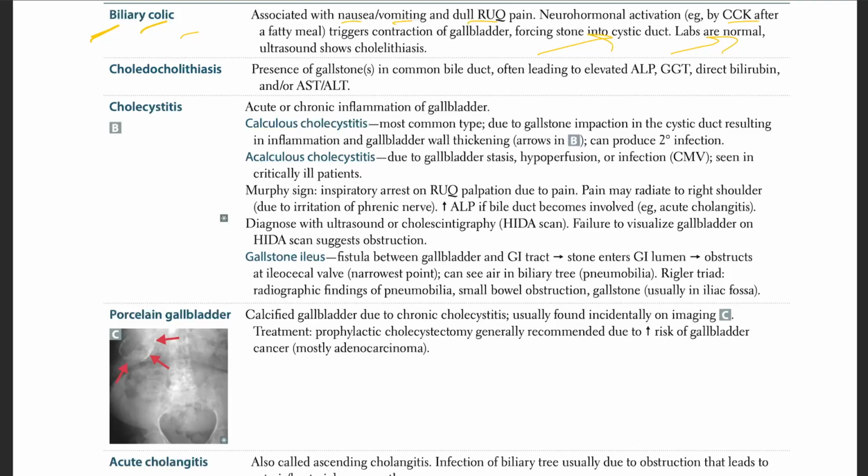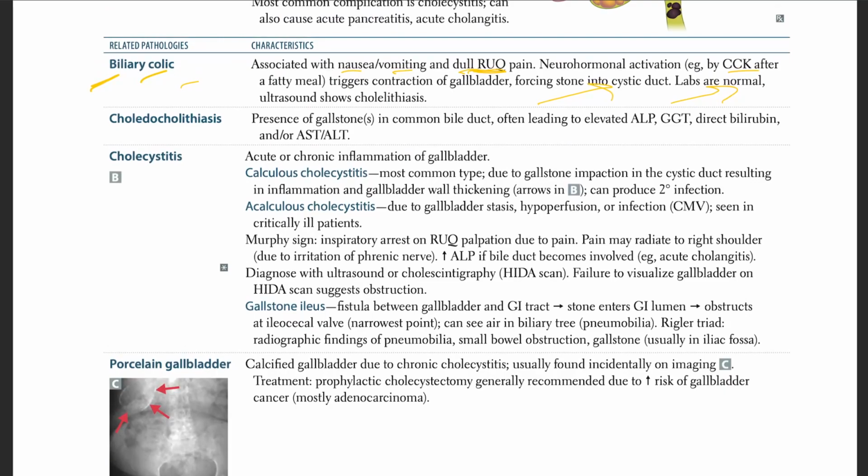Okay, so again, you have a dull, waxing and waning right upper quadrant pain, which is called biliary colic.